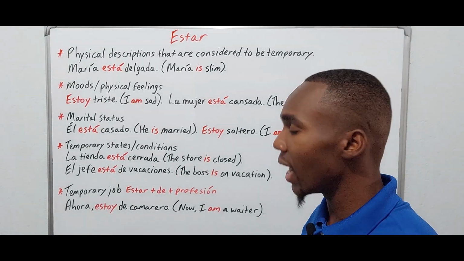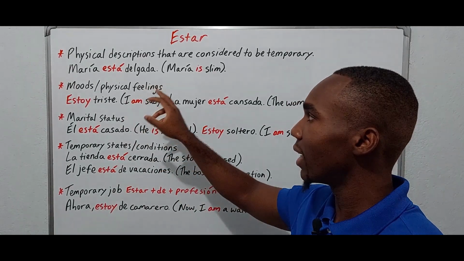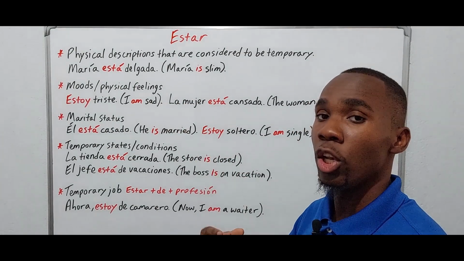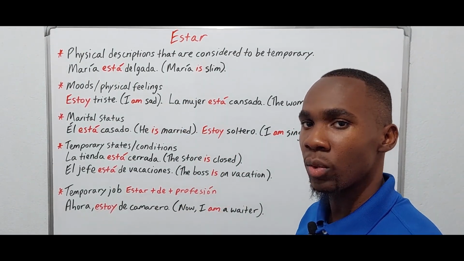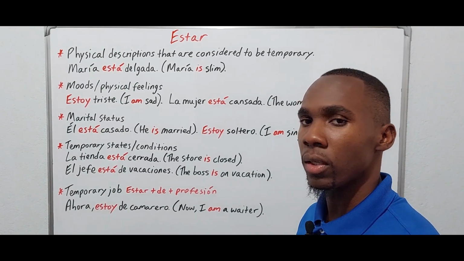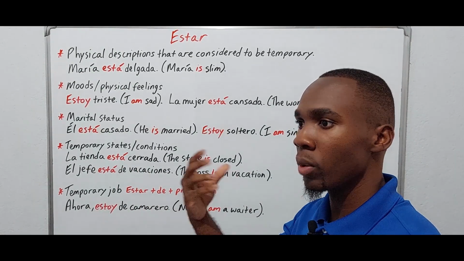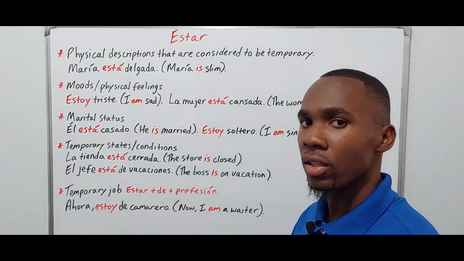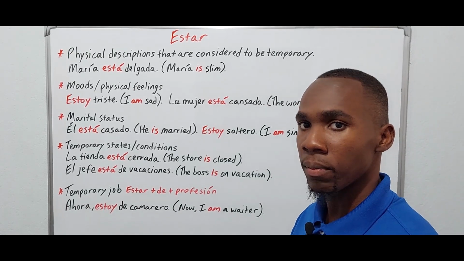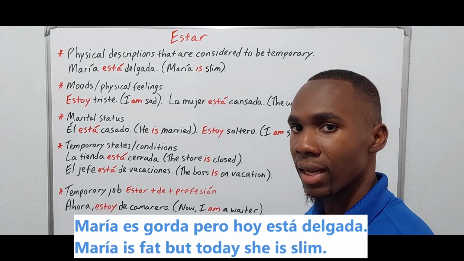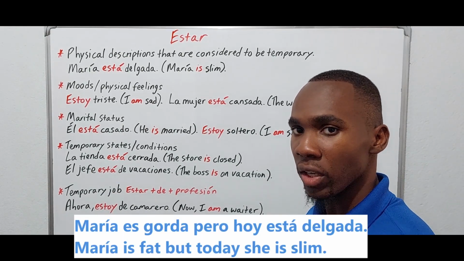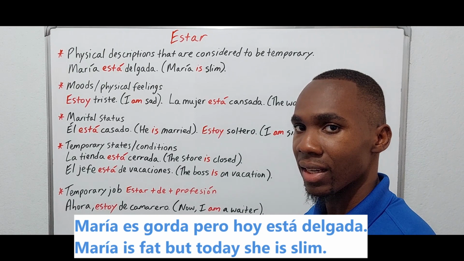So it means that when I say Maria está delgada, I'm saying that she looks slim. But I'm saying she normally would not be slim. But this is on the day or at the moment that I saw her or see her, she looks slim. Right? So María es gorda, pero hoy está delgada.